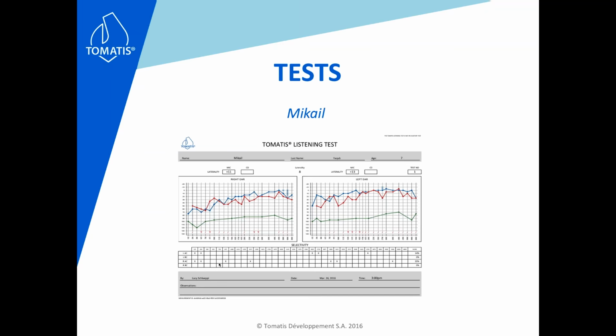So if the limbic system reacts, you're not listening anymore. You're protecting yourself from your environment because there may be danger in integrating the information. And then on a cognitive level, if you're not able to analyze correctly, well, you're integrating things which are confused. So selectivity is, for me, probably one of the most important parameters of the listening test.